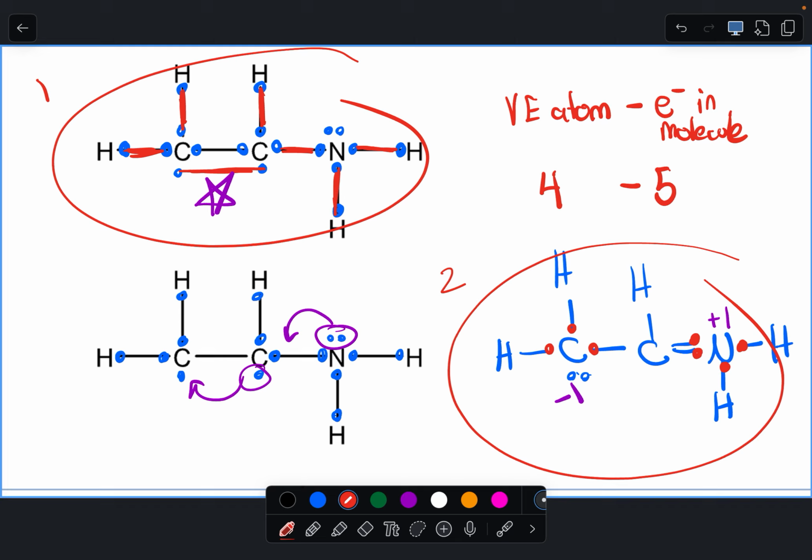So we can, however, use the formal charge as a more official defense of why that one makes sense. Because if we look at the formal charge on this one, all of them are 0. Okay, the carbon, nitrogen, the hydrogens even, those are all 0. In number 2, we end up with a -1 on the carbon and a +1 on this nitrogen.